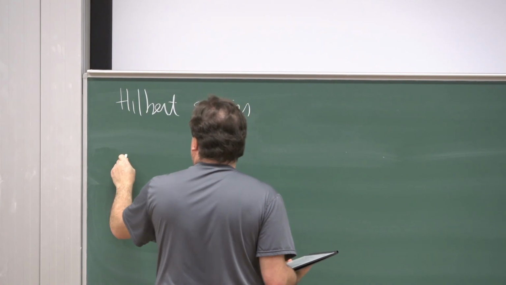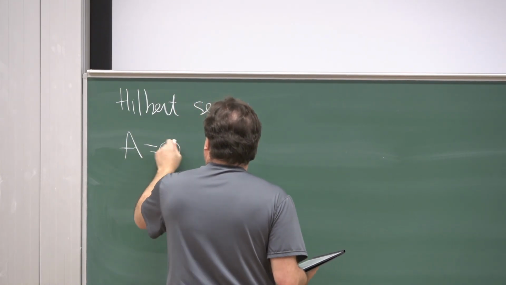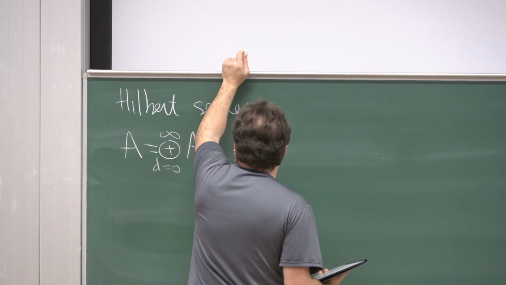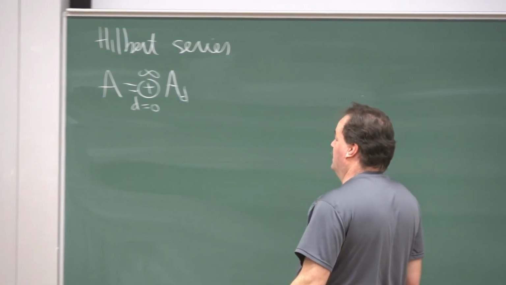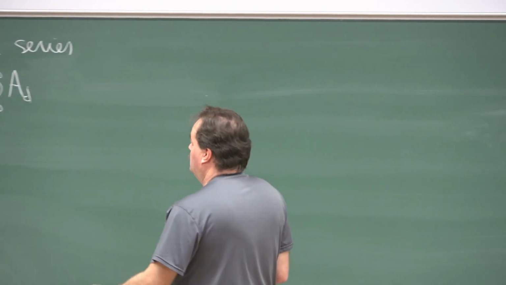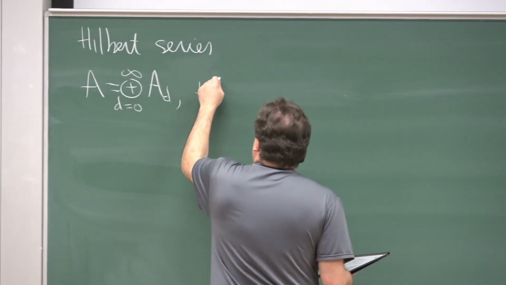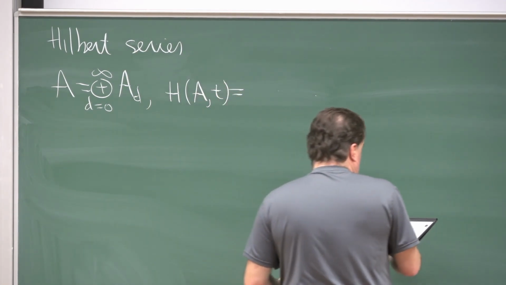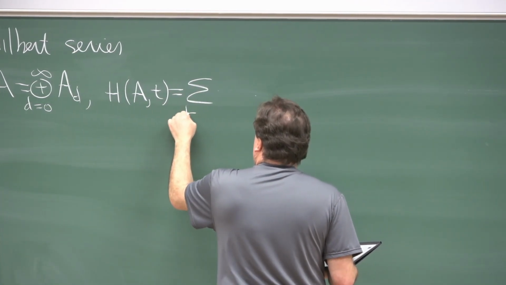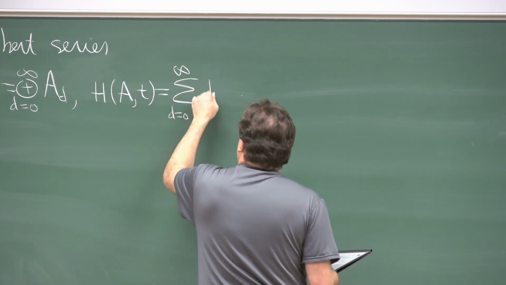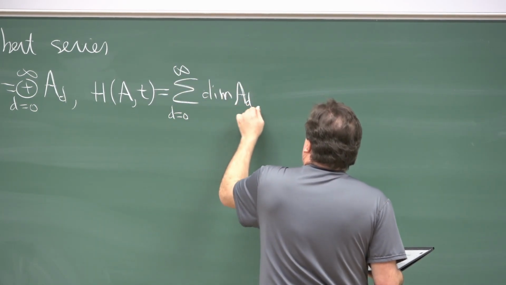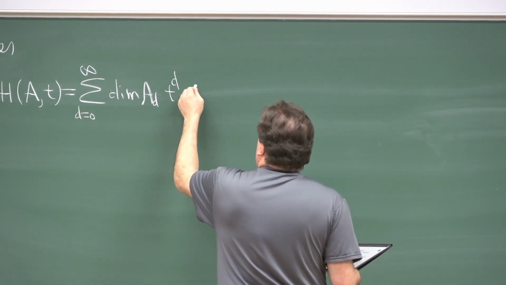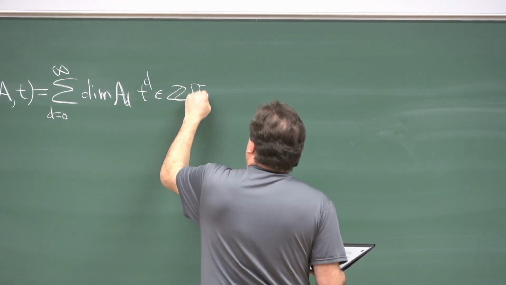Right, so if you have a graded K-algebra where each A_d has finite dimension, then we can define the Hilbert series, which is a power series in T, it's just a generating function of the dimensions of these graded pieces.